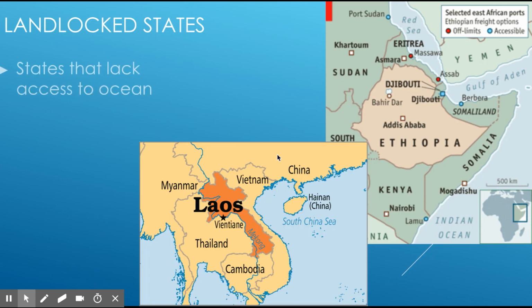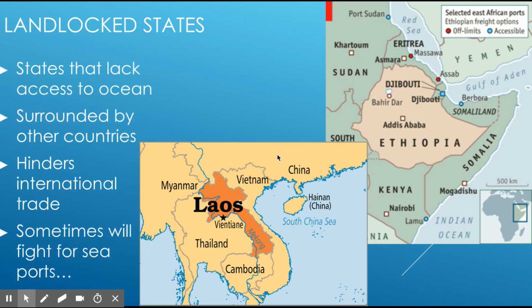And then there are landlocked states, and this is going to be a really important historical issue. Landlocked states are, as you would expect, states that are completely surrounded by other states with no access to the ocean. This is huge. There are so many countries that have been landlocked, and then they don't have access to trade, which means they don't have access to technology or development or anything unless their neighbors help them, which is why so many people try to extend their country to trade routes or ocean access.